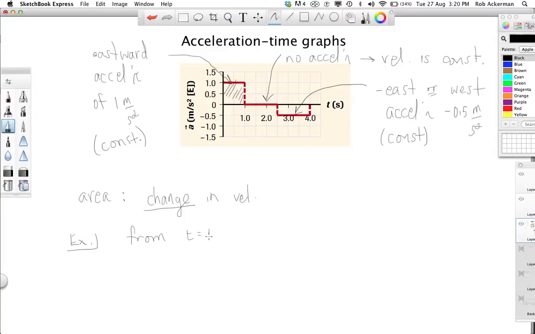So for example, from t equals 0 seconds to 1 second, the area, this is just a rectangle, so it's just length times width. Length of 1 second. The height or the width, however you want to call it, 1.0 meters per second squared east.